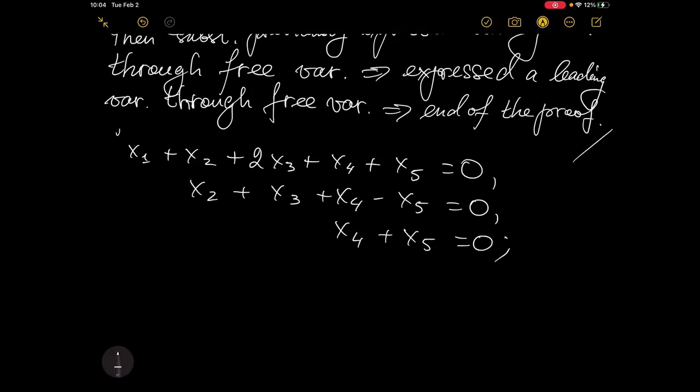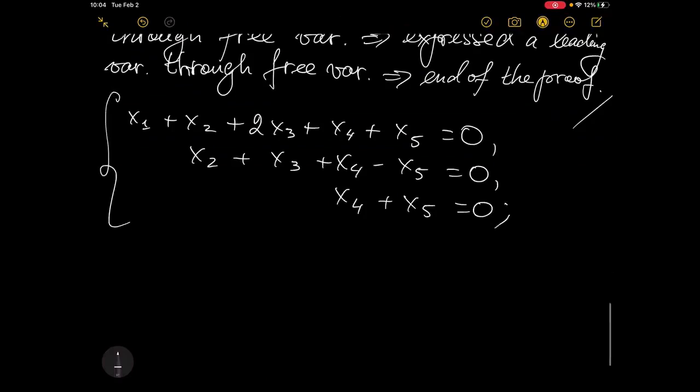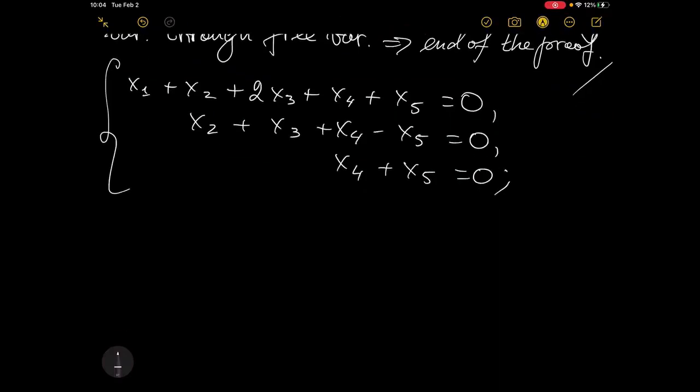Okay, I already have written the equation in the row echelon form. Is it clear or not? A homogeneous system of linear equations in the row echelon form. Is it clear or not? It's clear. Okay, could you tell me the coefficients matrix?